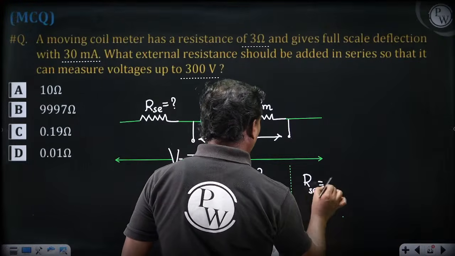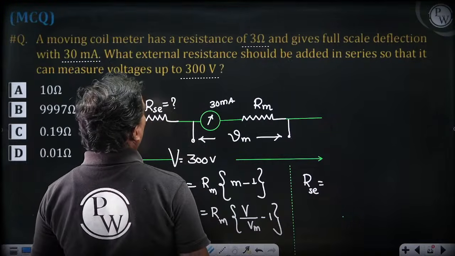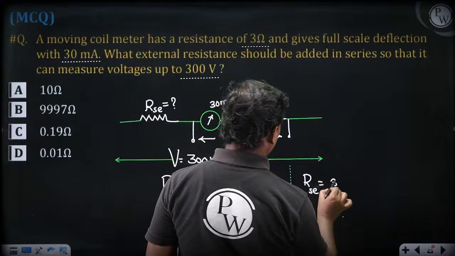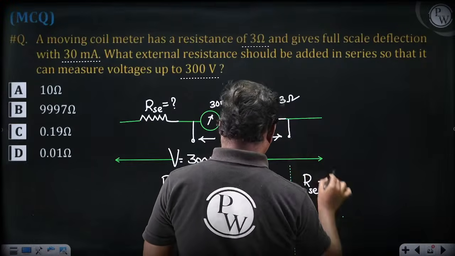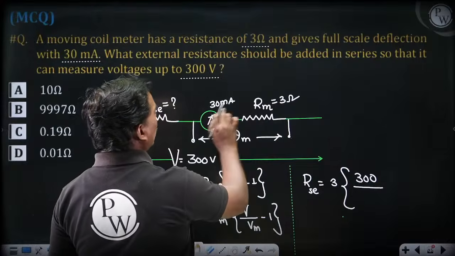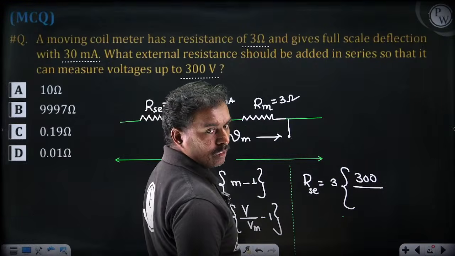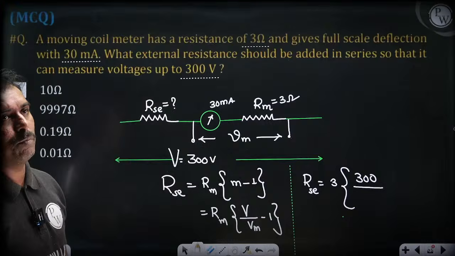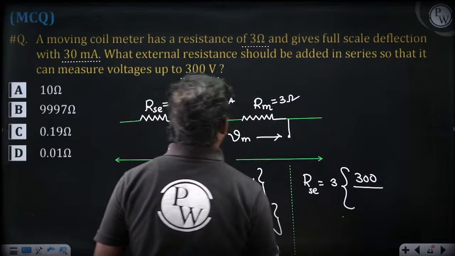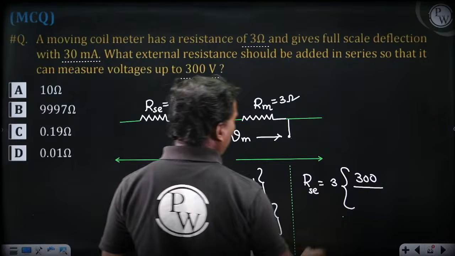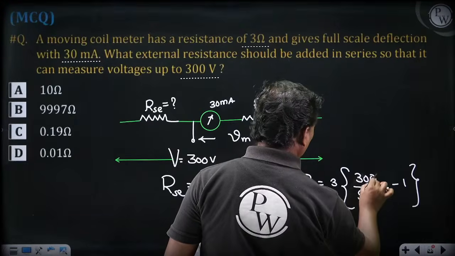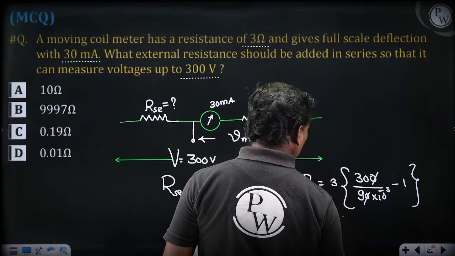Now if you write everything, Rsc is given as, what is the meter resistance Rm? Meter resistance Rm is 3 ohms. Capital V is 300 volts. And Vm is equal to 3 into 30, that is 90 into 10 power minus 3, minus 1. So how much are you going to get?